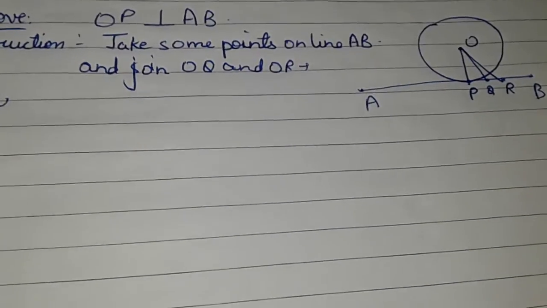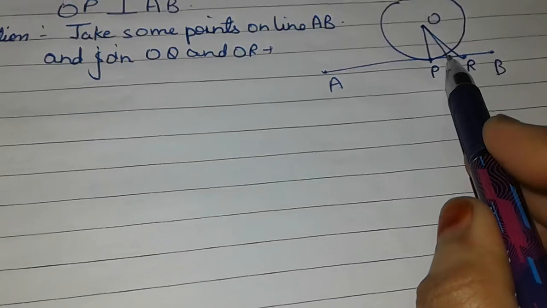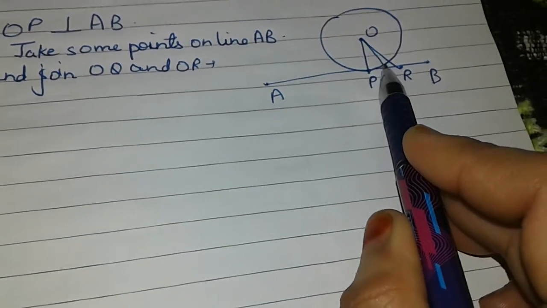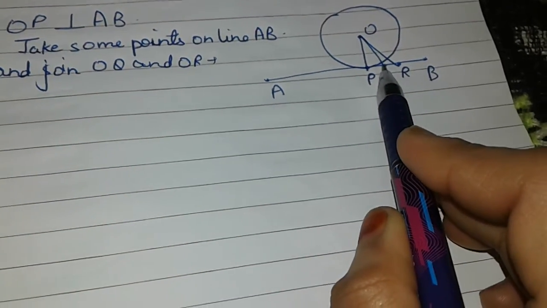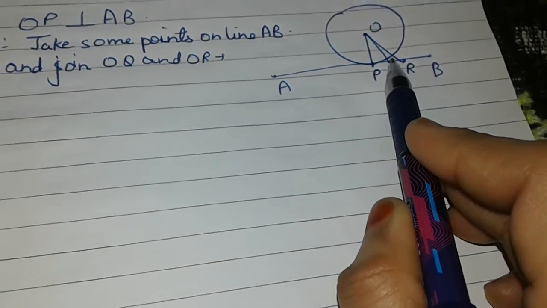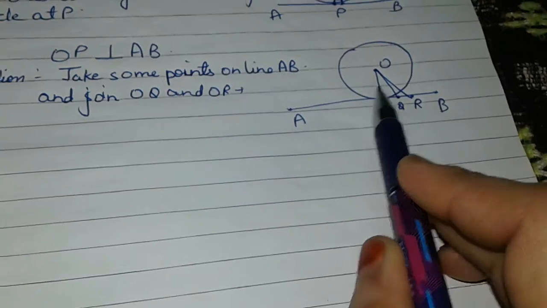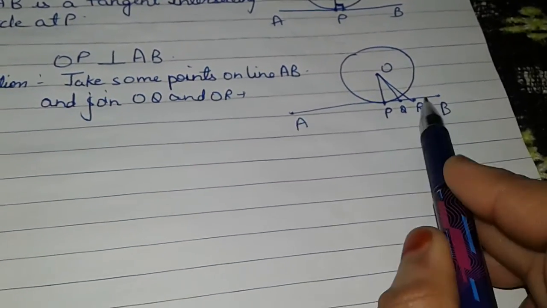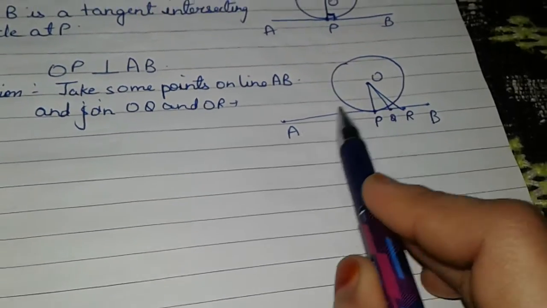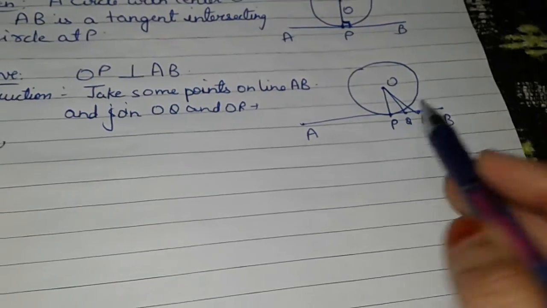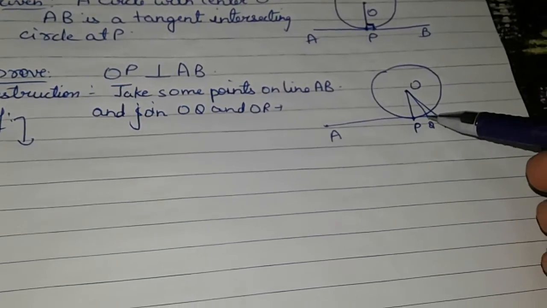Here the proof starts. As this Q lies on line AB, Q must be outside the circle. If this Q is inside the circle, then this will not remain a tangent, it will become a secant. So Q must lie outside the circle to be on a tangent, and OQ is greater than OP.